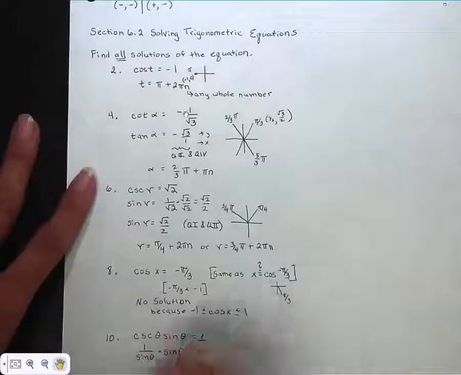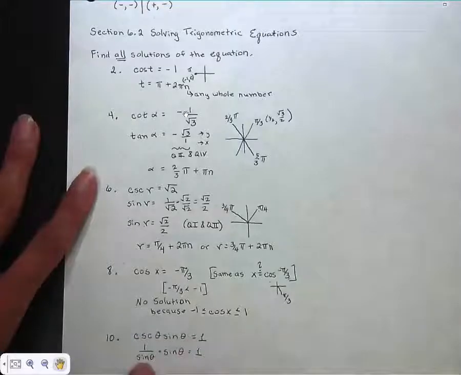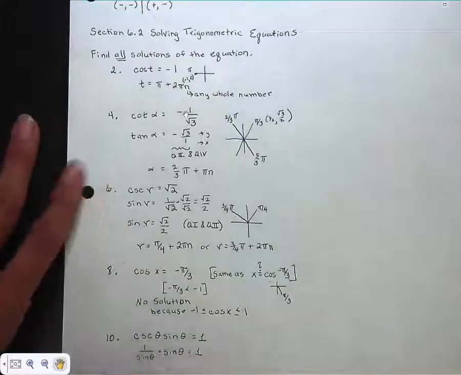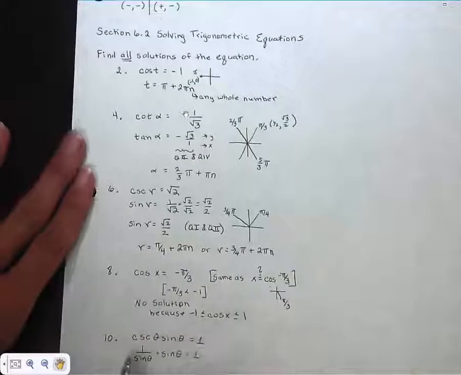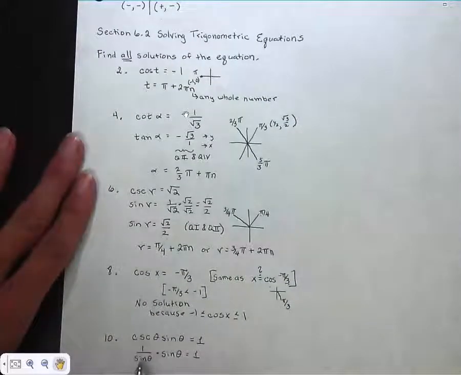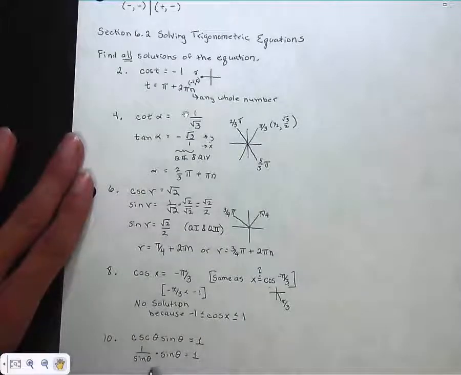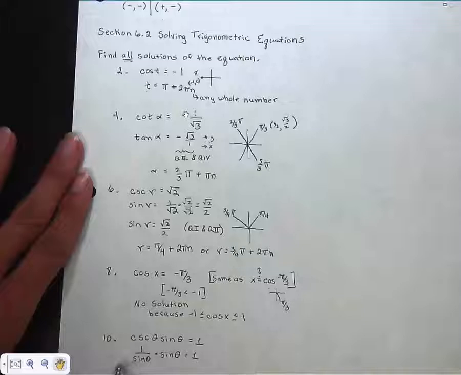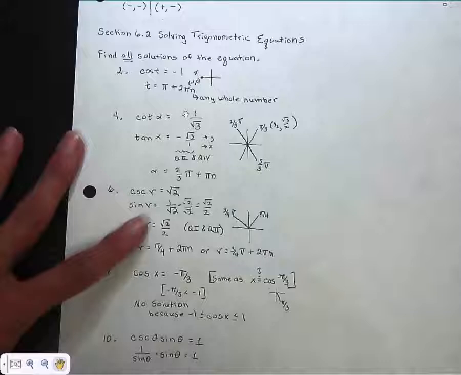So I can just make that substitution. Cosecant theta is 1 over sine theta. That's not technically always true. Cosecant theta is 1 over sine theta wherever sine theta exists. But where sine theta is 0, cosecant theta doesn't exist.